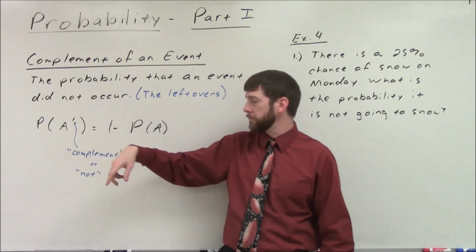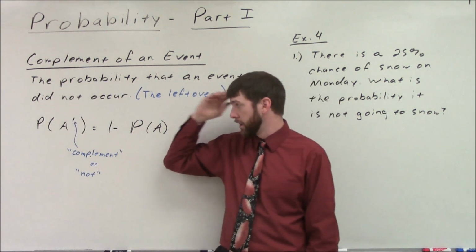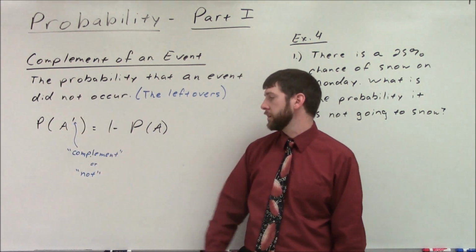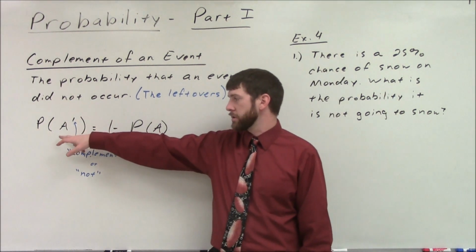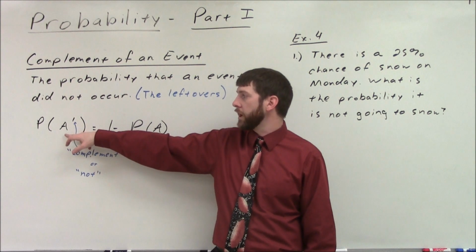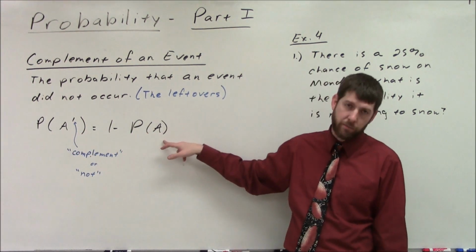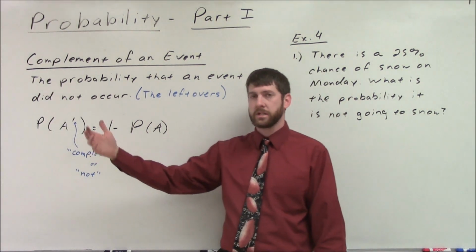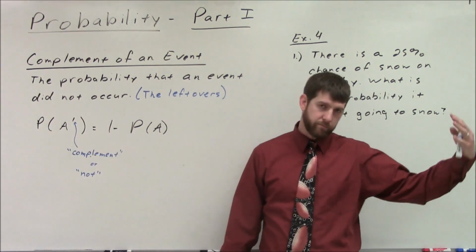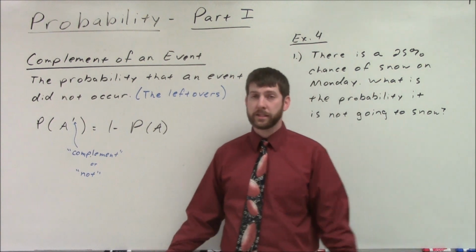Now this little apostrophe we've got up here, it may say A complement or A naught, it's sometimes referred to. So just a notation thing. So the probability of not A is equal to 1 minus the probability of A. So it's all the leftovers. So if there's a 30% chance something's going to happen, there's a 70% chance that it's not going to happen.